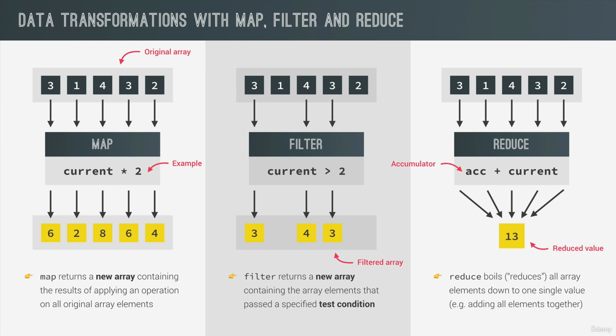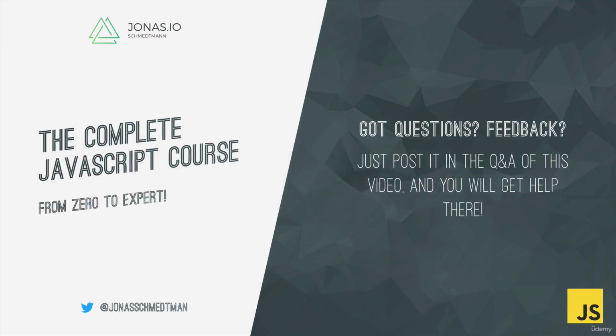Now it's this value that then actually gets returned from the reduce method in the end. So there is no new array in this case, but only the reduced value. Now this probably sounds more complicated than it actually is, and so let's start to put it into practice right in the next video.